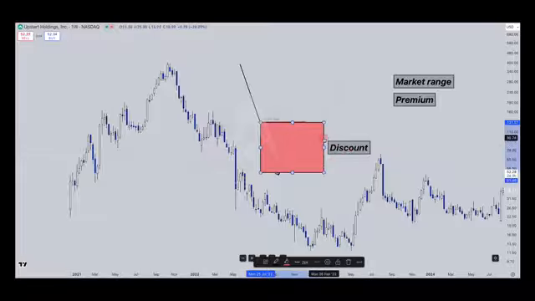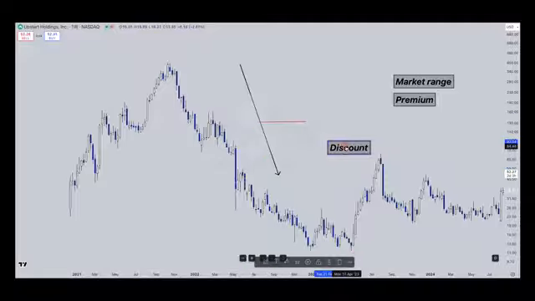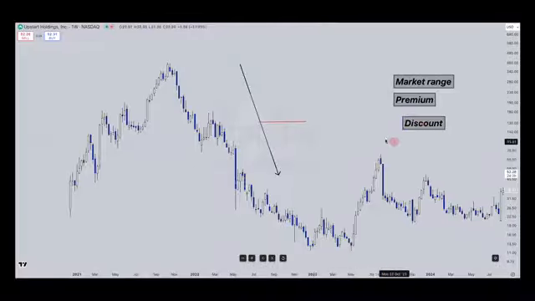Now, contrary to that idea, the third principle of the market range is when price is in the upper 50% of that imbalance, the upper 50% of that range created by that swing. You remember our little diagram here?